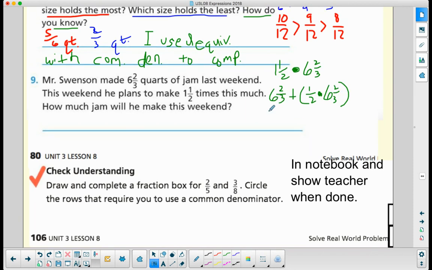I'm going to keep my 6 2/3 here, plus, and now multiply half times 6. Well, that's easy. That's 3, because half of 6 is 3. Half times 6 is 3. Plus, now I need to do my half multiplied by my 2/3, which is still pretty easy. Still keep my 6 2/3.